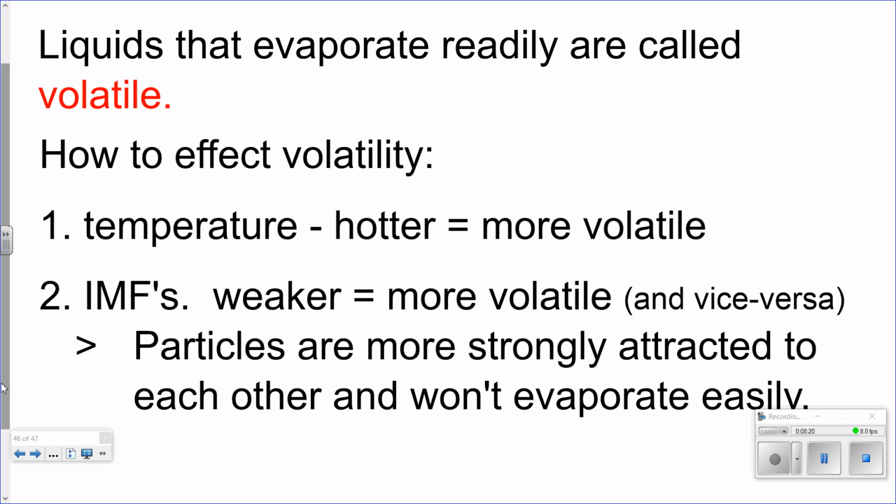Then we look at intermolecular forces. The weaker the intermolecular forces, the more volatile, the higher the equilibrium vapor pressure. And vice versa. The stronger the intermolecular forces, the less they evaporate, the less vapor we have, and therefore a lower equilibrium vapor pressure.